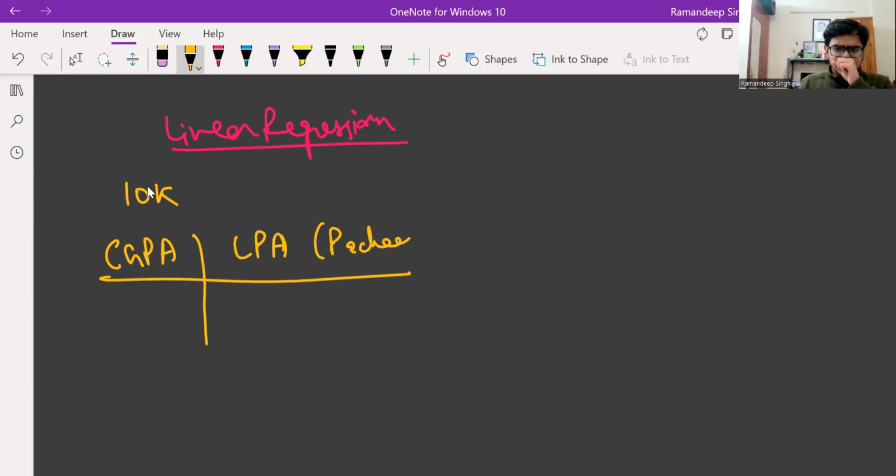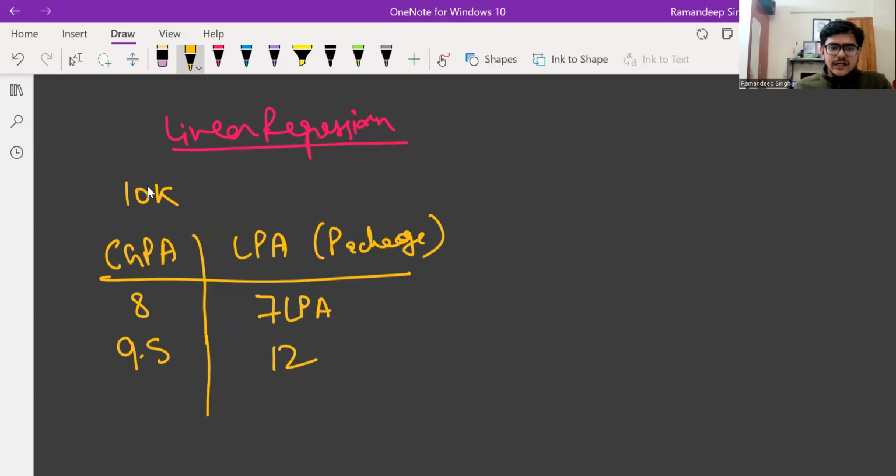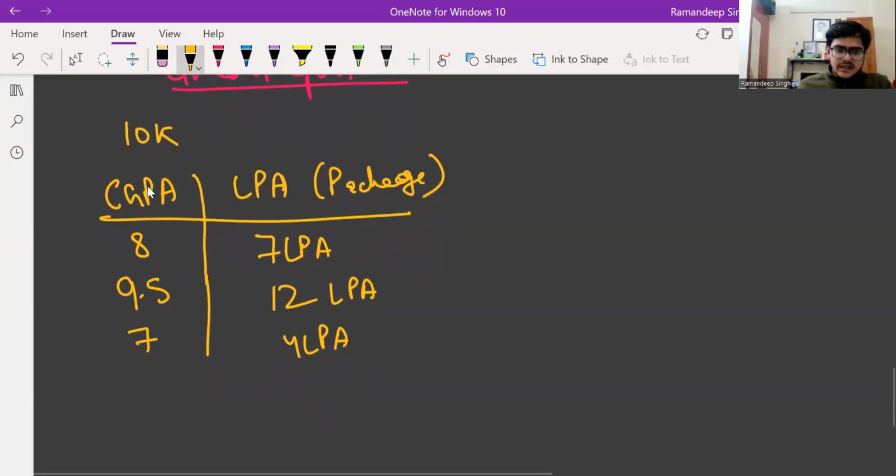Suppose a student has got 8 CGPA and he has been placed for 7 LPA. A student has got 9.5 CGPA and he has been placed for 12 LPA. A student might have got 7 CGPA and he got placed for 4 LPA. Similarly, this data is given to us for 10,000 students with the placement record.